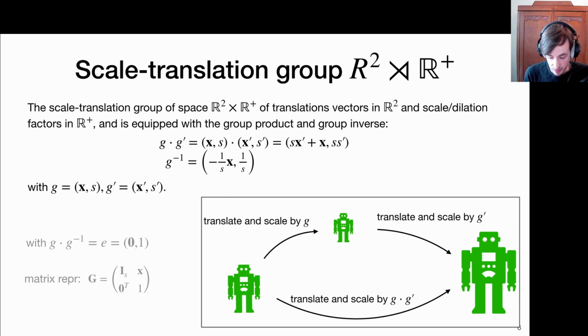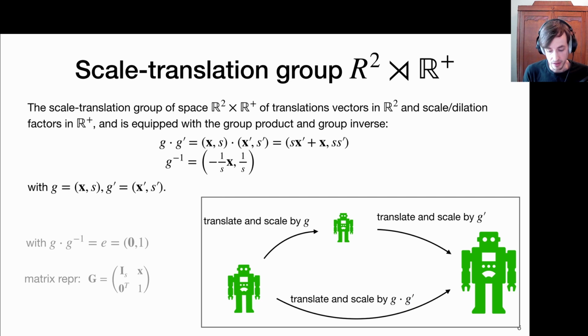So maybe the depiction here is like we can transform an object by translating it and scaling it. We can do that again with another translation and scale vector, ending up with this net result. We could also obtain this result at once, and then this transformation is described by the group product of these two group transformations.